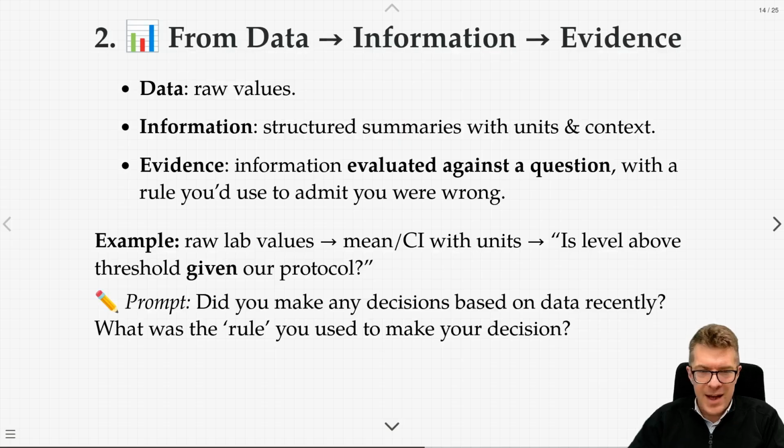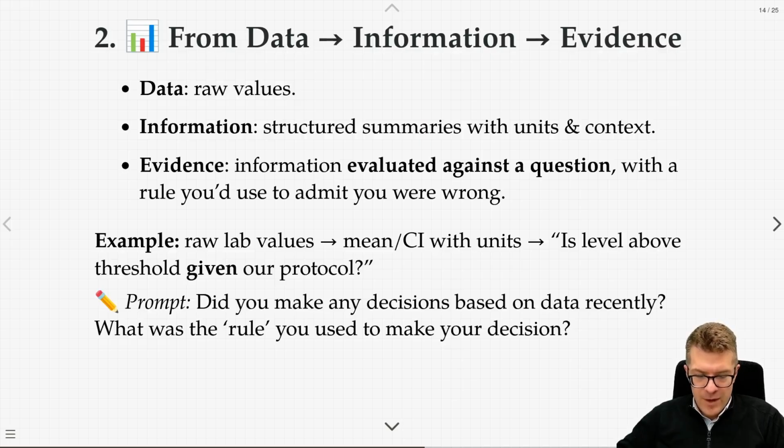So yet again, please take this prompt, pause the video, and write in your journal or your notebook. Think about any decisions you've made recently based on data of any kind, any number or figure you've used, maybe based on your behavior, your diet, your sleep, your exercise, whatever it is.